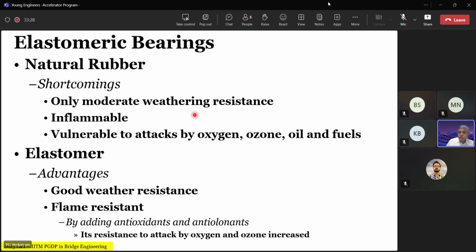What is weathering resistance? Can anybody describe what weathering resistance is? Yes, what is weathering resistance? Okay, anything else? What about others?